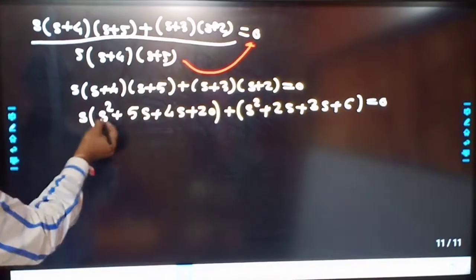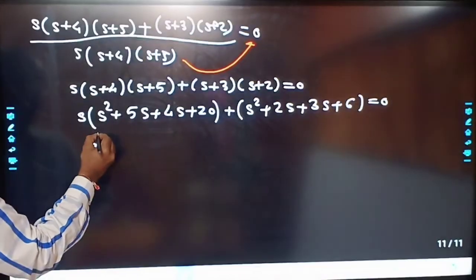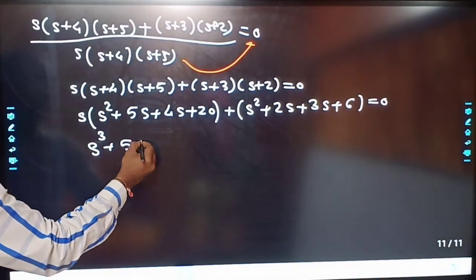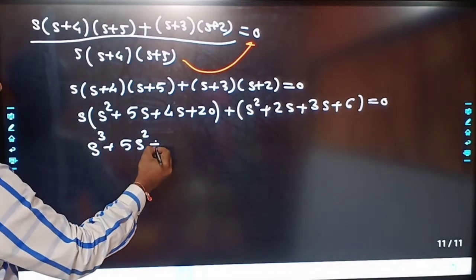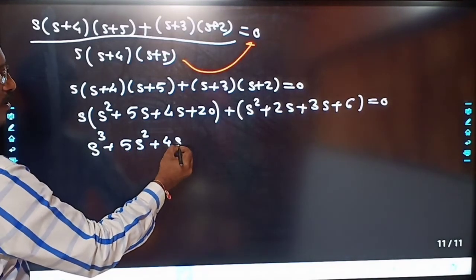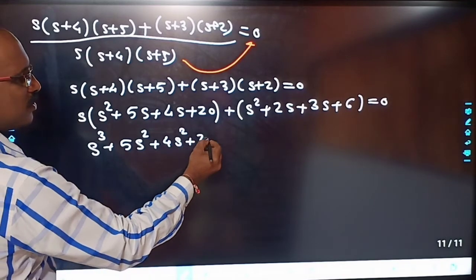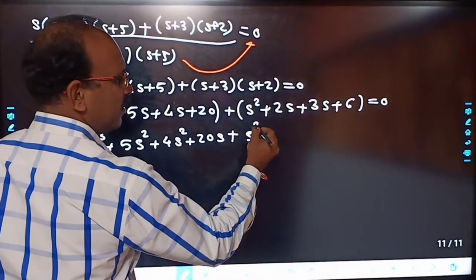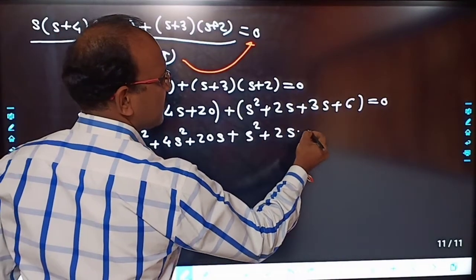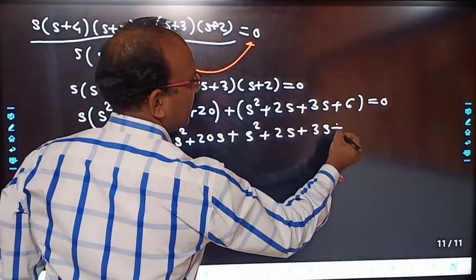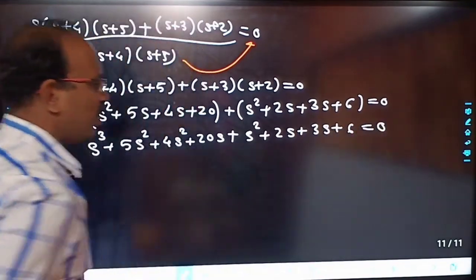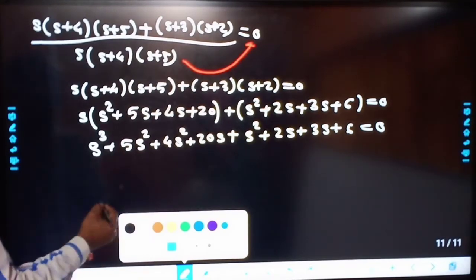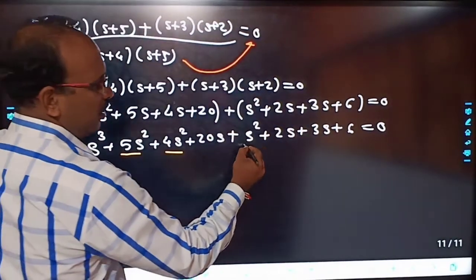Now again I will multiply this S inside, that is S cube, plus 5S square plus 4S square plus 20S, plus here we don't have to multiply anything, plus 2S plus 3S plus 6 equals 0. We solve the bracket. Okay, now we have to combine. How many S cube? Only one. How many S square? S square, S square, S square.